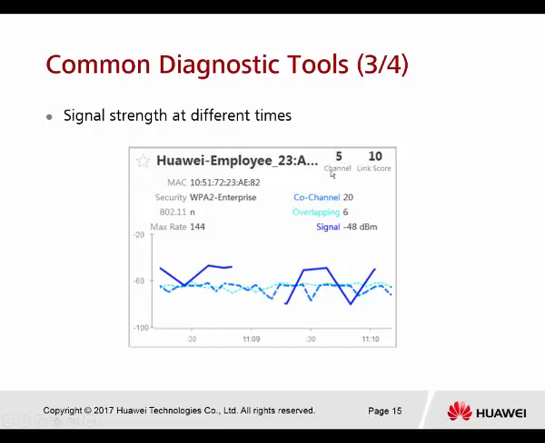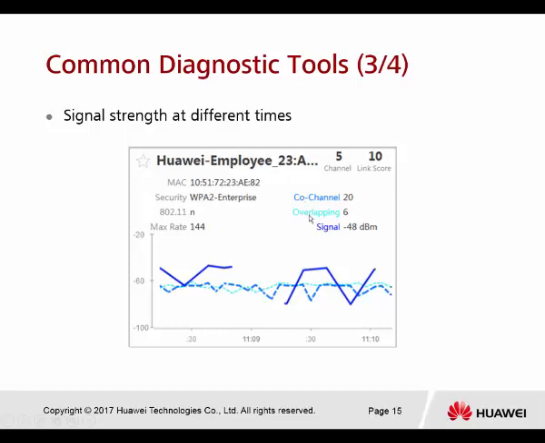And the co-channel. Co-channel means there is someone else using the same channel as me. So this SSID causes interference with another 20 SSIDs. Right now there are already 21 SSIDs using channel number 5.